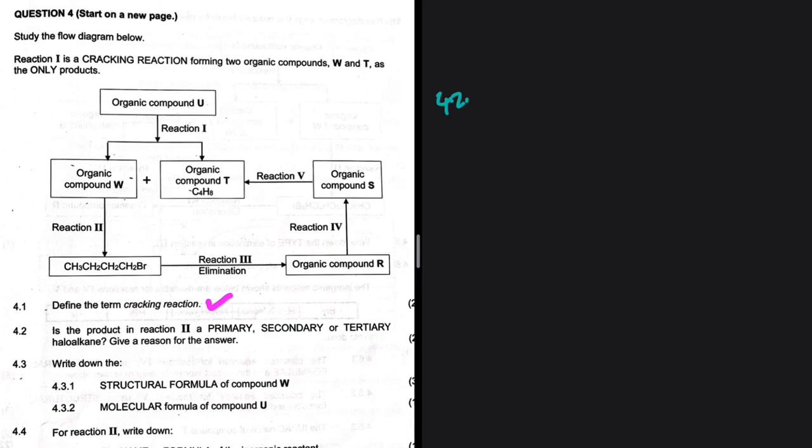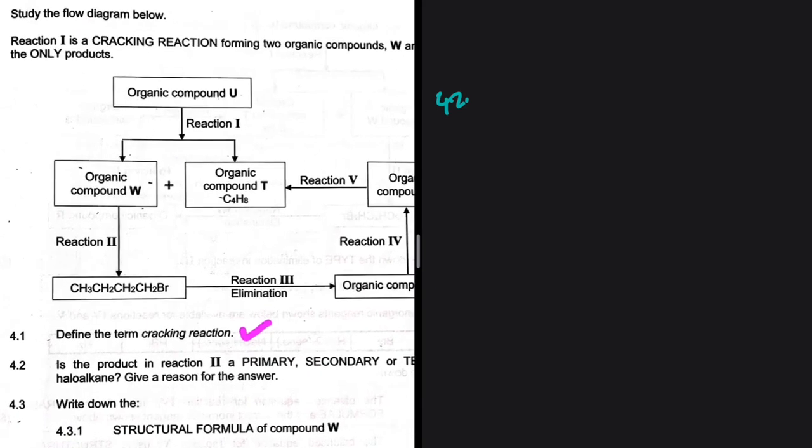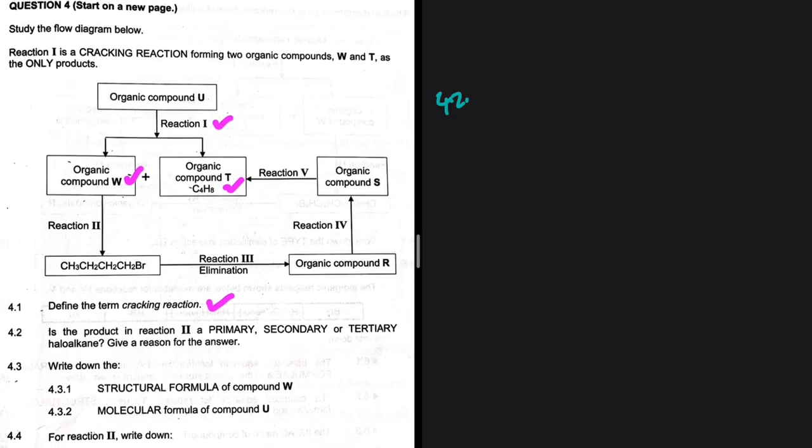Reaction 1 is a cracking reaction, forming 2 organic compounds, W and T, as the only products. Back to our question.